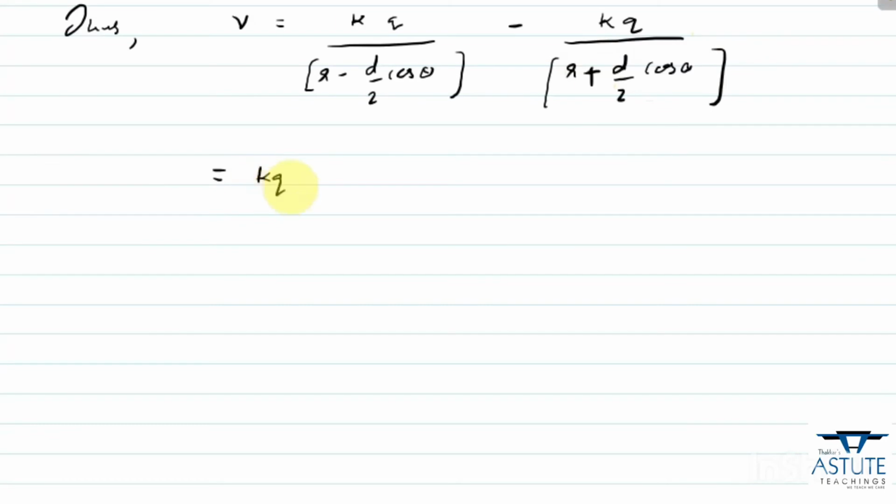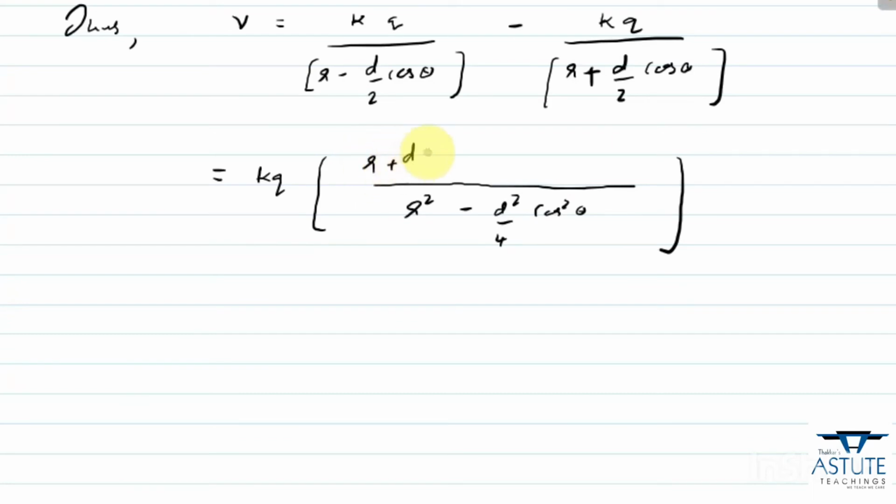You can take kq common, and by taking the LCM you'll get r square minus d square by 4 cos square theta in the denominator, and in the numerator it will be r plus d by 2 cos theta minus r plus d by 2 cos theta, by opening up the brackets.